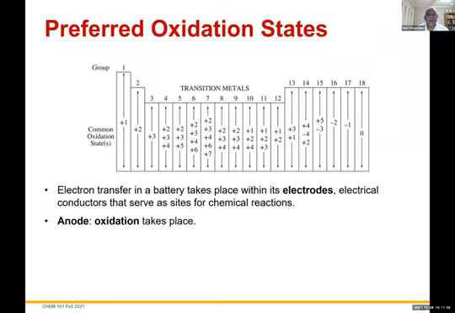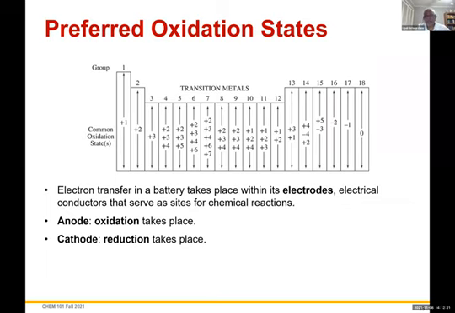Anode is where oxidation takes place. Remember, the first time I talked about zinc going into zinc 2+, that is the anode of the galvanic cell, where zinc 0 going to zinc 2+ is oxidation. So the anode is where the oxidation takes place. Cathode is where the reduction takes place.